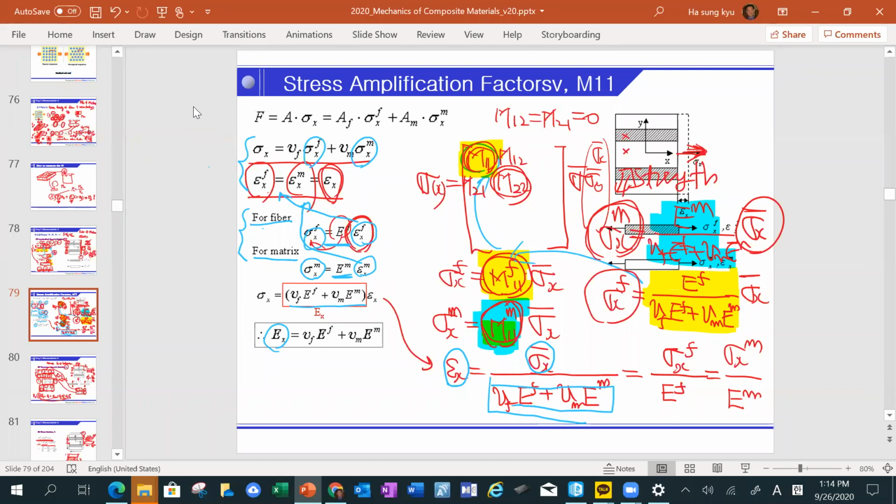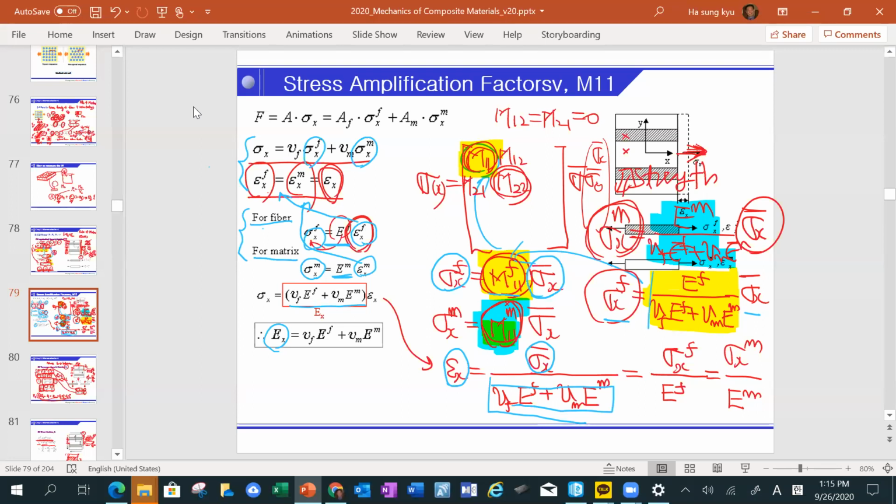Now, the stress amplification factor. The definition of stress amplification factor is to relate the UD ply stress and the fiber stress. So this is called the M11 factor. This term is derived from these relations, which are obtained from all the procedures.